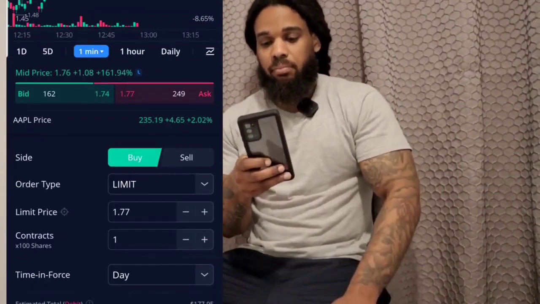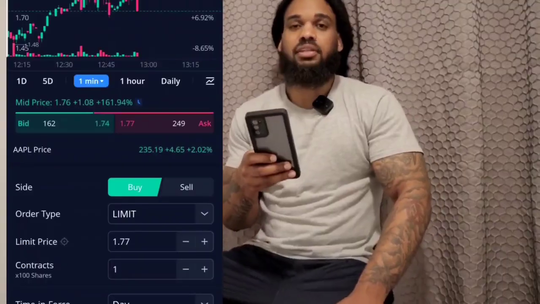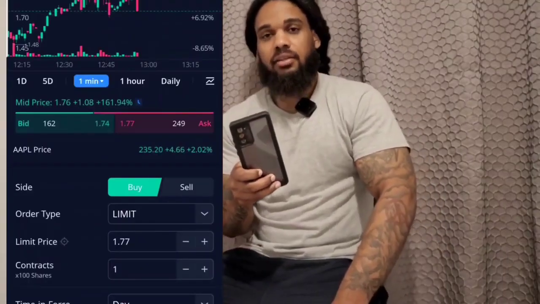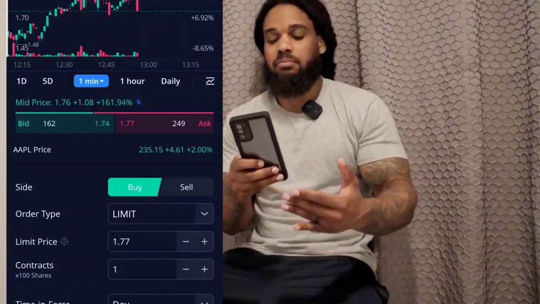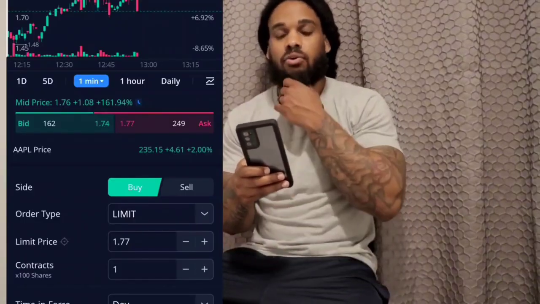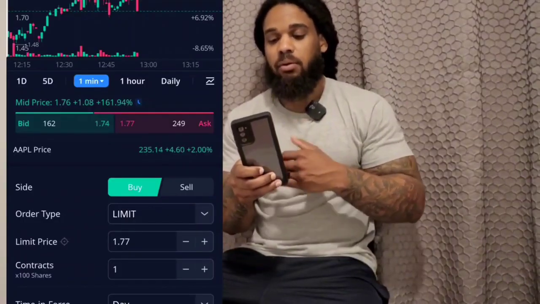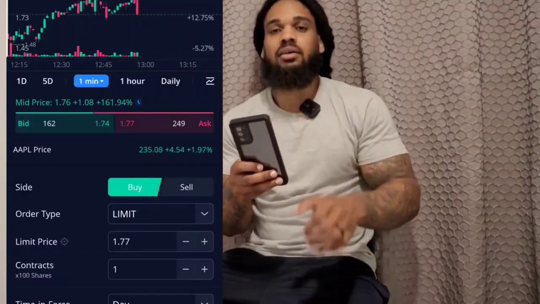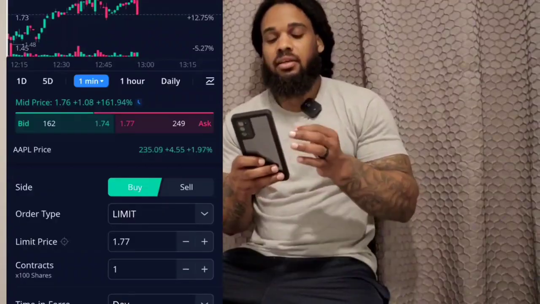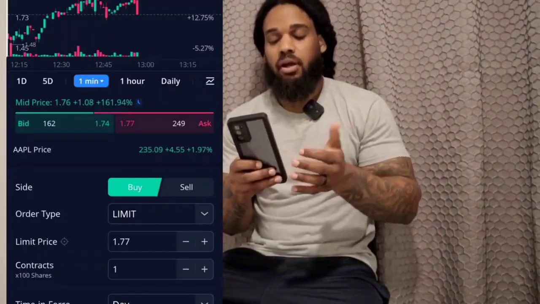The mid price is pretty much where you could potentially get the option at. The ask price is what most sellers are asking for right now, and the bid price is what most buyers are asking for right now. But the mid price is where you could potentially get it.